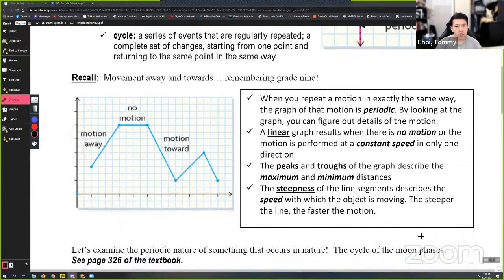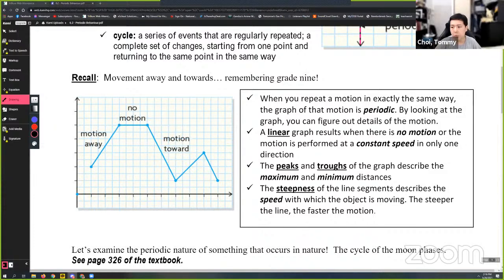Okay. So, recalling. In grade 9, you had distance time diagrams, right? Motion diagrams. So, what does it mean? What does it look like if the person is running away? What does it mean if the person is going closer? What does it mean if the person's not moving? Except we did this with linear graphs. Like, the person is running to the store.